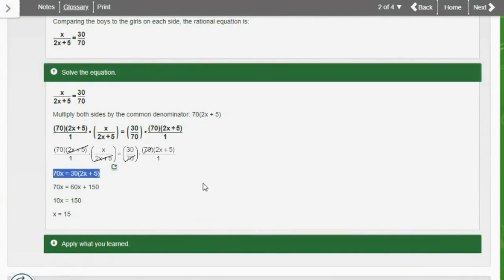Because they multiplied by the whole denominator. 70 times 2x plus 5. But the 2x plus 5s cancel out. 70 times 2x, and the 70s cancel out. So they basically cross multiplied. It's the same thing as multiplying both sides by the denominator. 70x equals 60x plus 50. 10x, x equals 15.